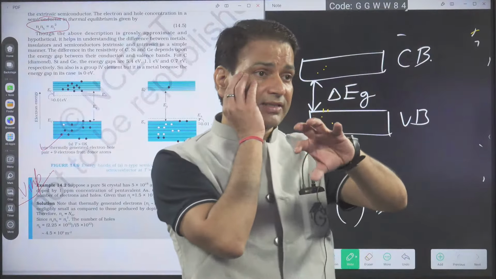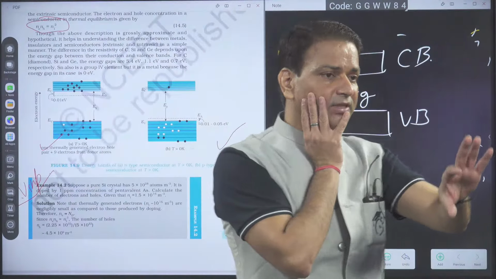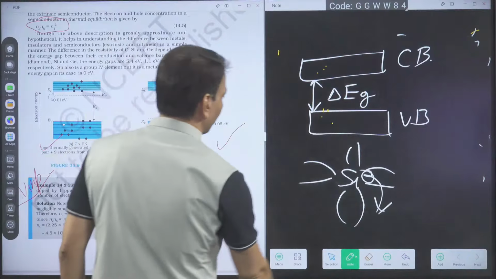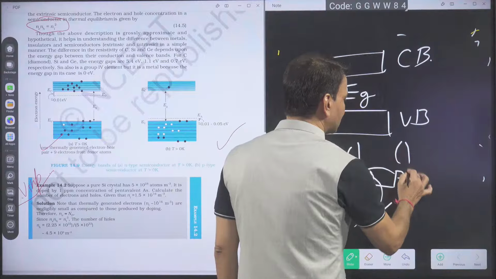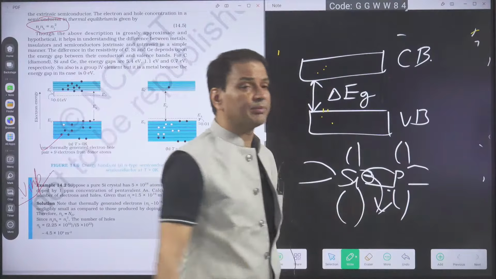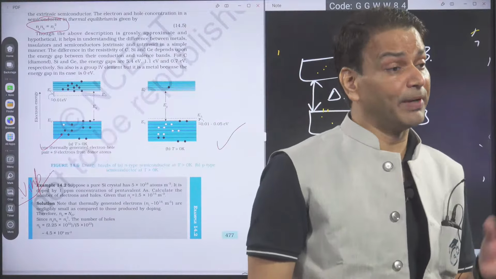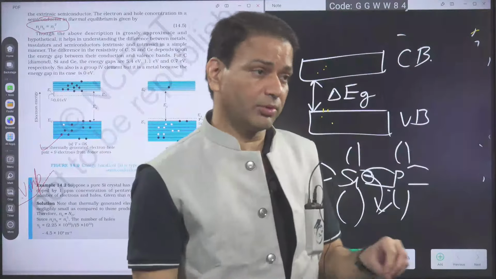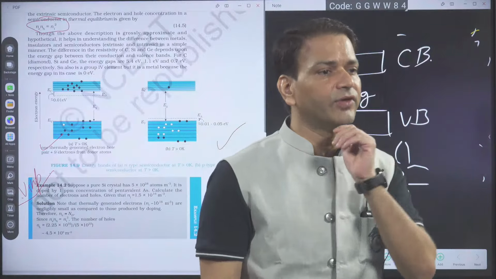Suppose I added a pentavalent impurity like phosphorus, then phosphorus replaces some silicon. Phosphorus has how many electrons in the outer shell? 5. But 4 covalent bonds are there. It means 1 electron is not involved in the bonding. But that electron is not a free electron because it is bound to phosphorus. So its energy will be slightly less than a free electron.